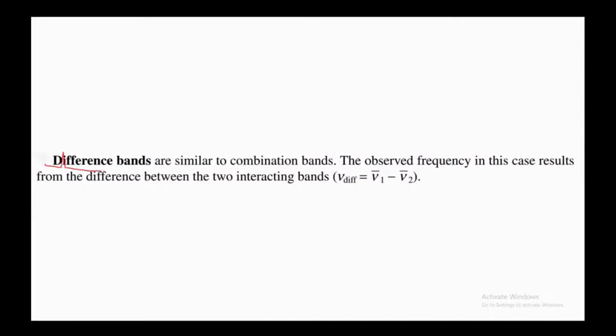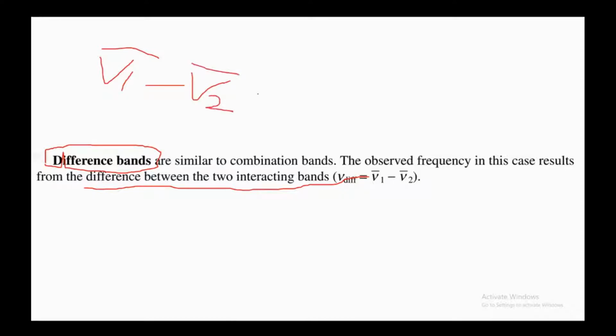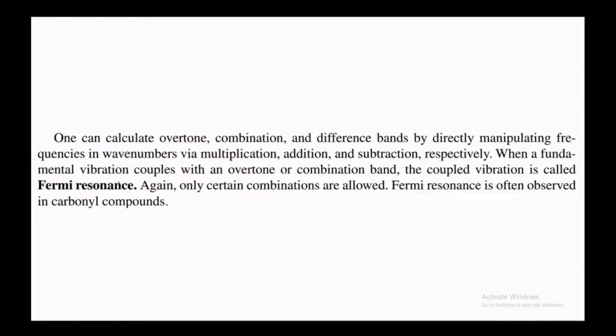Difference bands. So we discussed combination bands, now we are discussing difference bands, which are similar to combination bands. The observed frequency in this case results from the difference between two interacting bands. So you subtract frequency 1 from frequency 2, and the result that you get is the new difference frequency. So combination is addition and difference is subtraction.